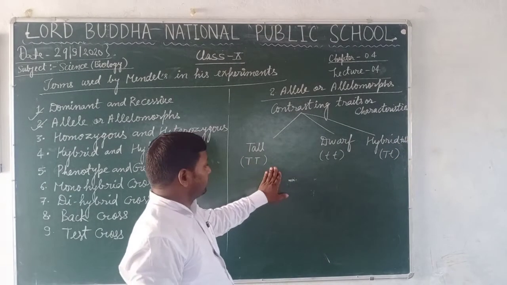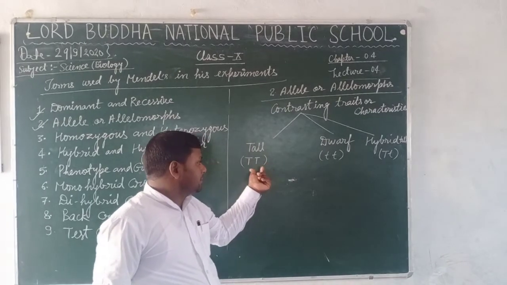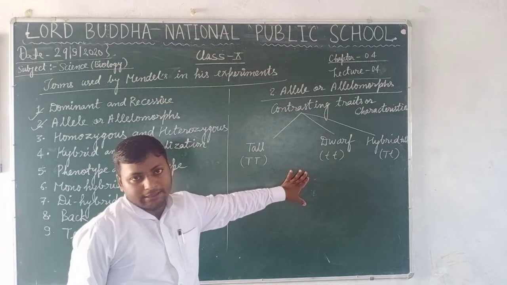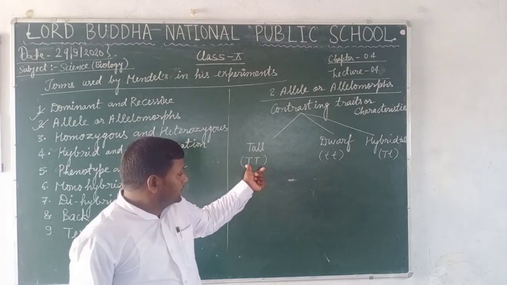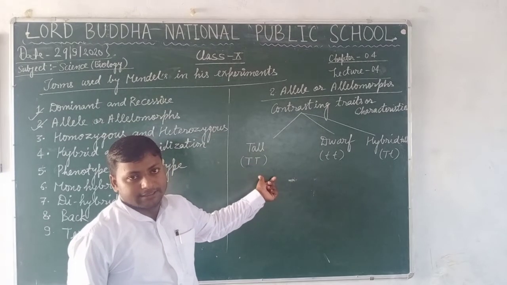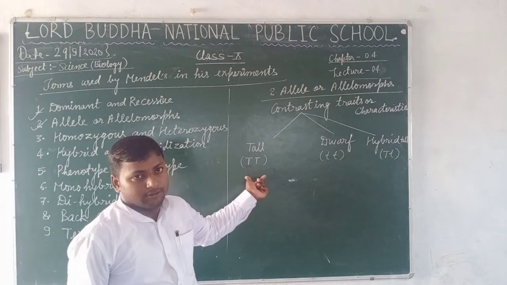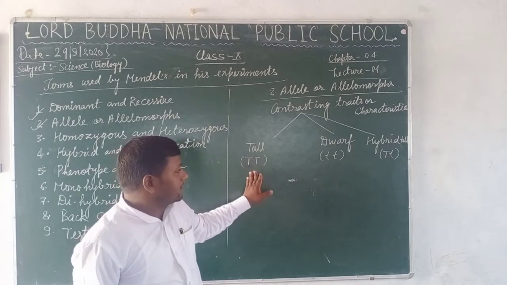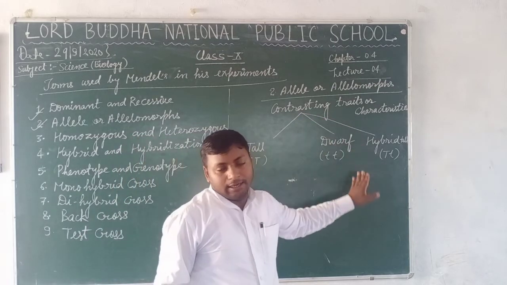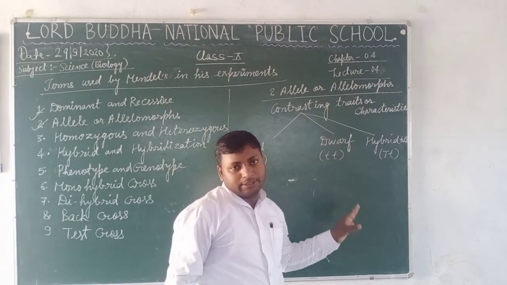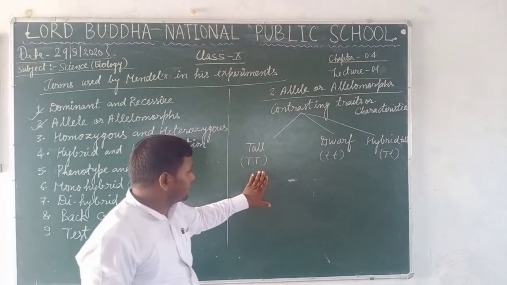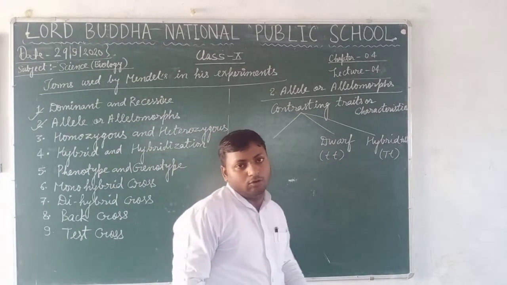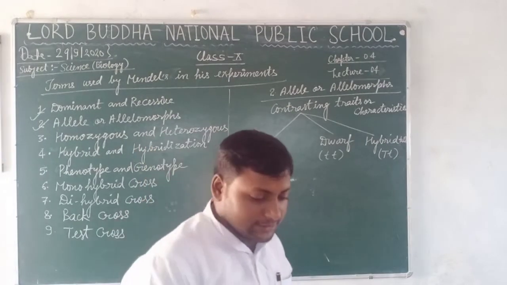These pair of the factors are genes through which we can represent the physical or morphological characteristics as well as genotypical characteristics of the plants. These are called allele, and their physical or symbolic representation is known as allelomorph. Okay, students.